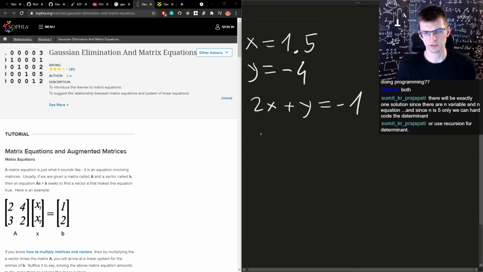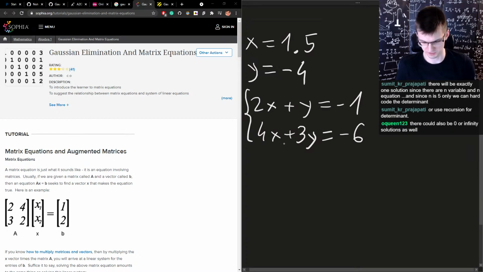And 0x, no, that would be too easy. 4x, that's 6. Plus 3y, 6 minus 12, minus 6. Yeah, I think this example will be much better. So we use this to get rid of all other x's. And the first equation I rewrite.